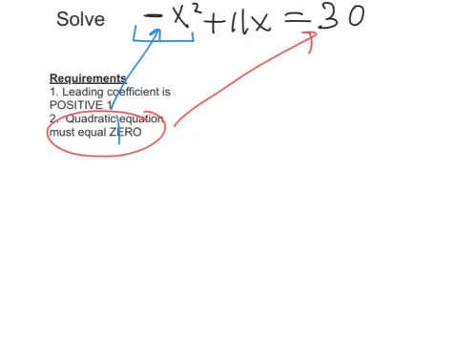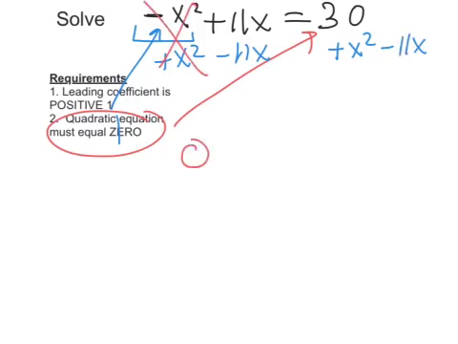So what I'm going to do is move everything over to the other side, because if I add x squared and subtract 11x from both sides, I can see that negative x squared and positive x squared is just 0. Positive 11x and negative 11x is also just 0. And then over here, I'm just going to rewrite my terms.